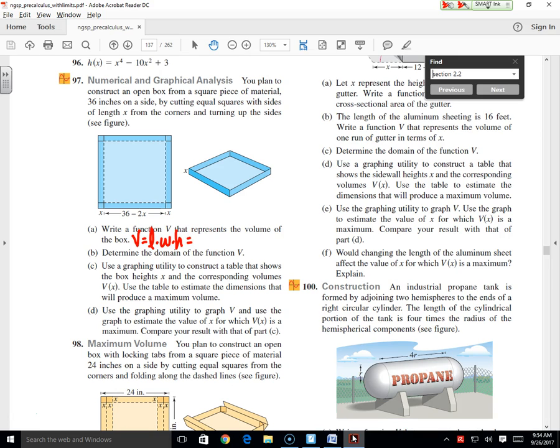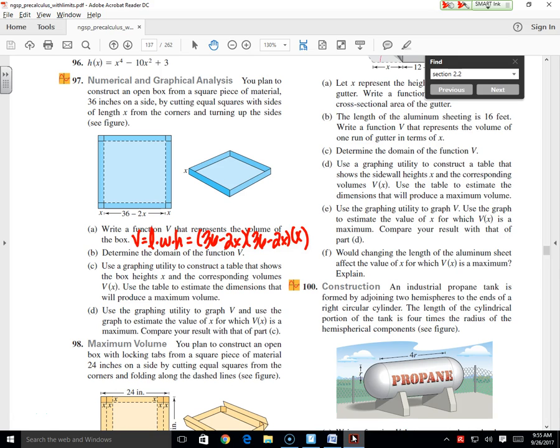What's my length after I cut out the x's and after I fold up? Yeah, 36 minus 2x. What's my width? It's a square. Good, 36 minus 2x. What's my height when I fold that piece? Good. It's going to be x. Oh, we just showed it to you. Look at that. Go team.